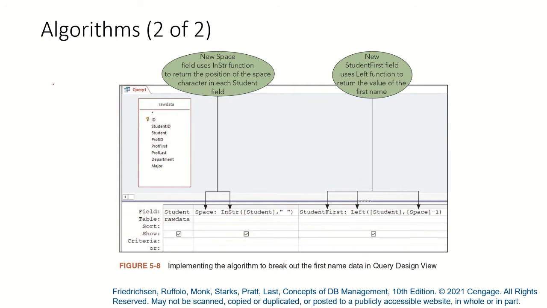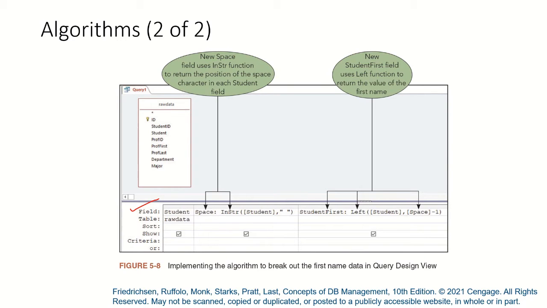Now, in the Access database, you can do it this way. You can specify the fields in that way, which will be helpful for creating the first name and last name. Typically, the view you see in this picture is called a query design view. This uses the built-in Access function InStr to first determine the numeric location of the space character in the current student field, and it is identified as a new calculated field named space.